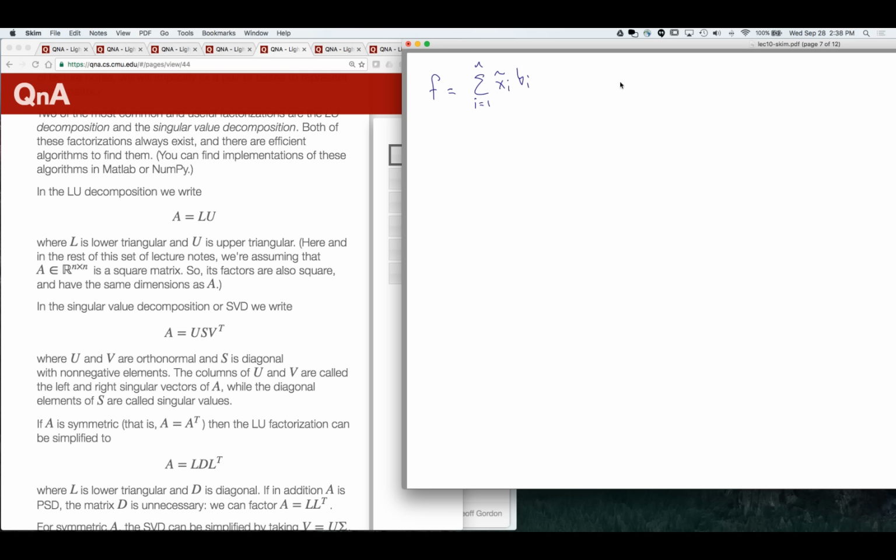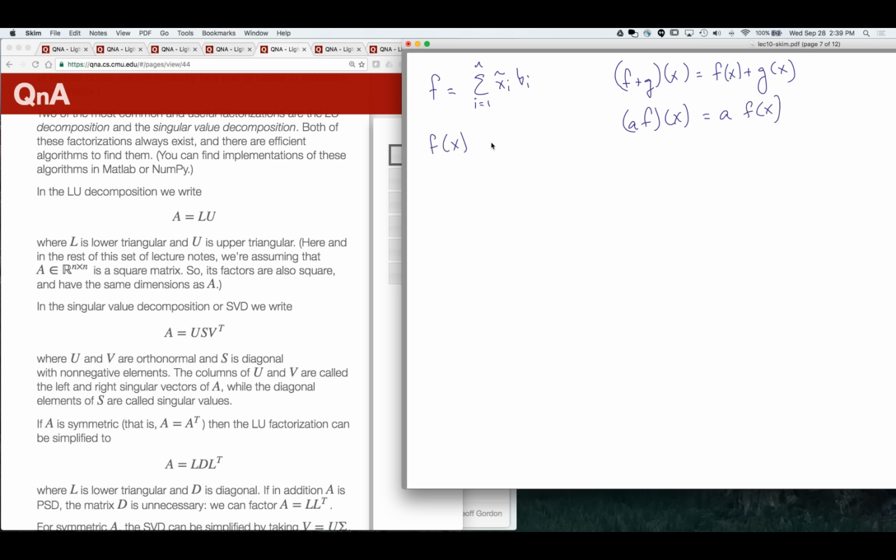We know how to add functions, right? So f plus g of x is equal to f of x plus g of x. And we know how to scalar multiply functions. So a times f of x is equal to a times f of x, right? So we can apply that here.